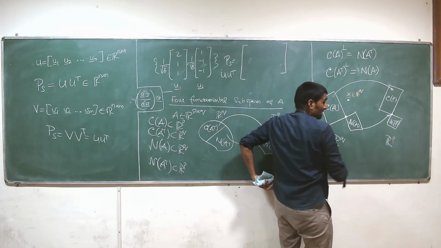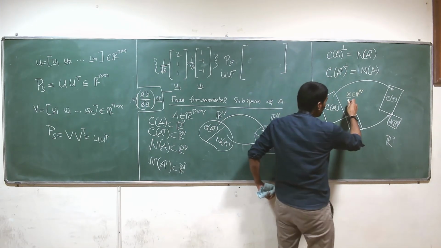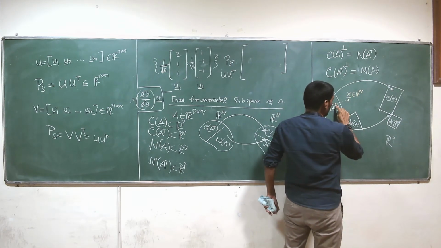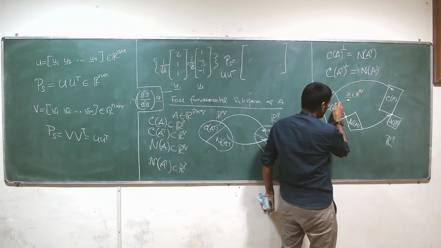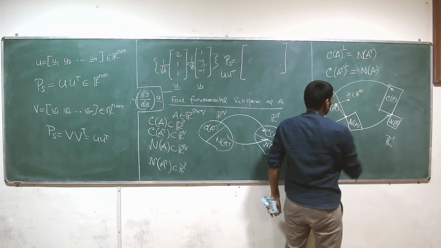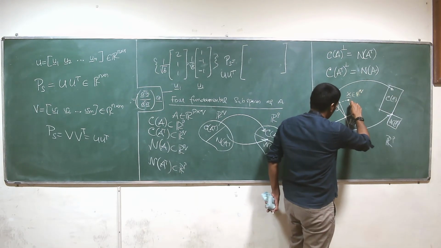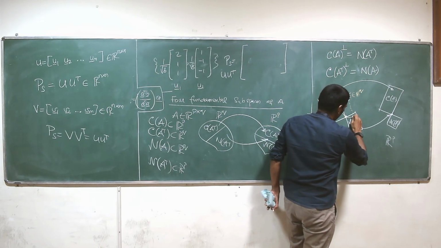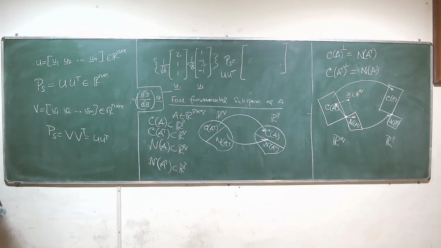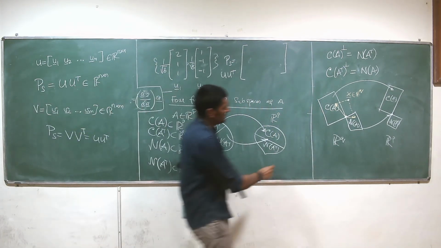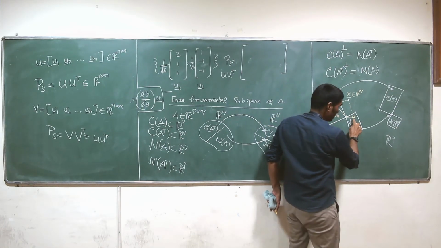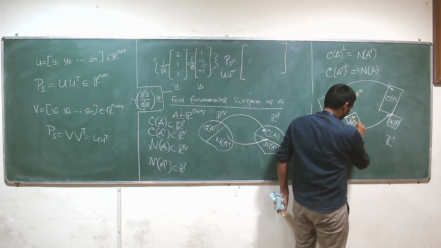So you can write X as the sum of a component from the row space, which will be XR, and a component from the null space, which will be Xn.